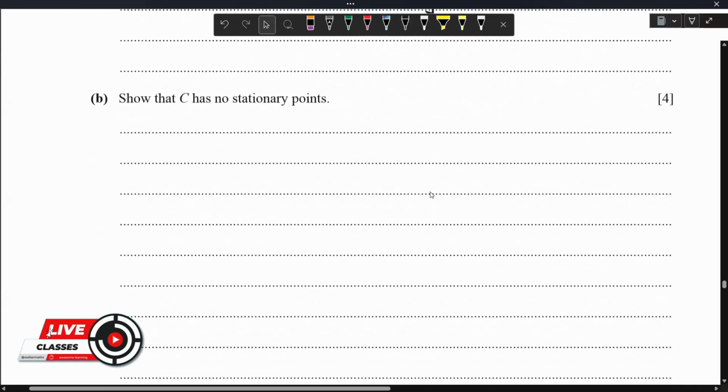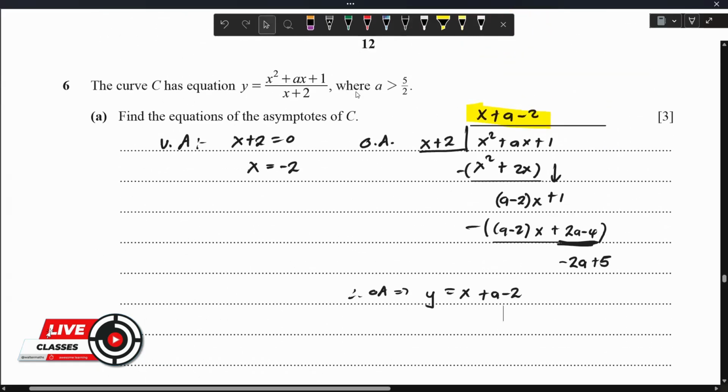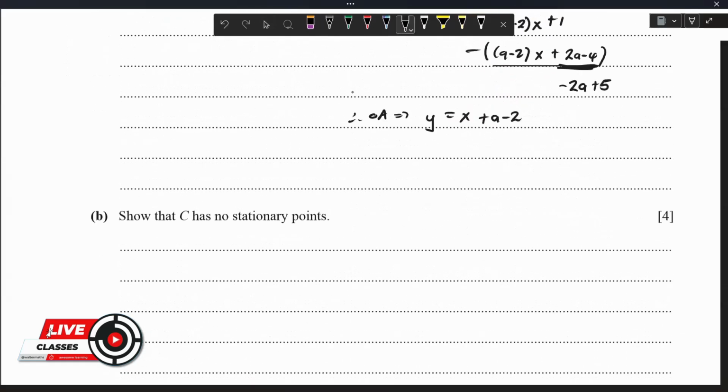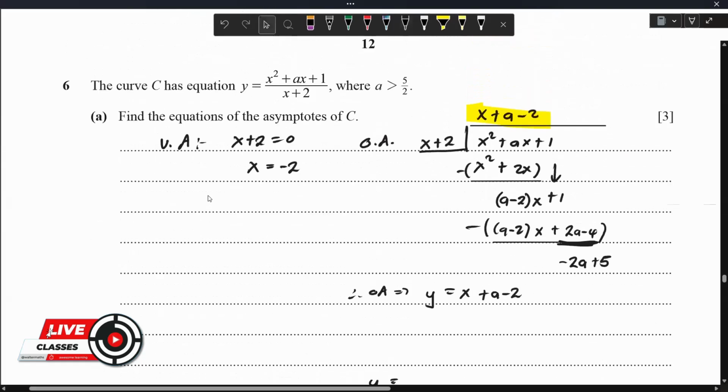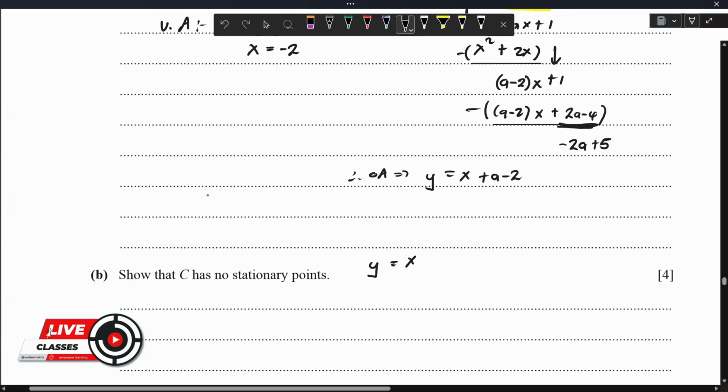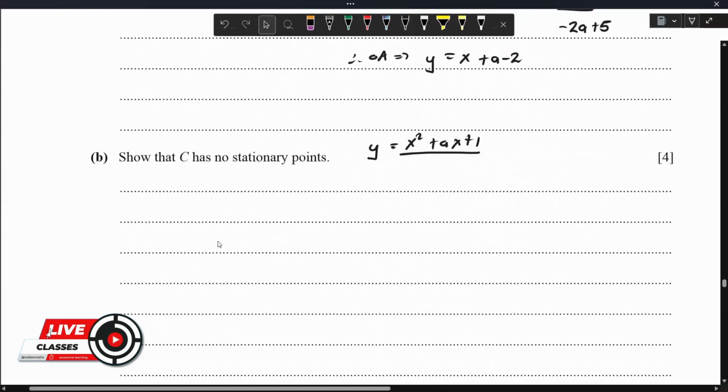Now on part B, they say, show that C has no stationary points. Okay, now we have the original equation. We know that to find stationary points, we will do differentiation. So since we have y is equal to (x squared plus ax plus 1) over (x plus 2), we will find dy by dx, because we know that at the stationary point dy by dx is equal to 0.